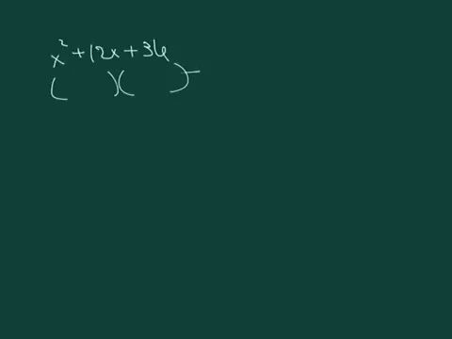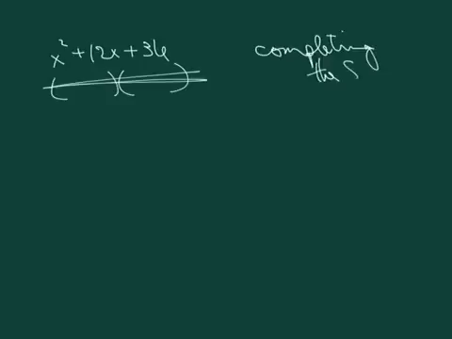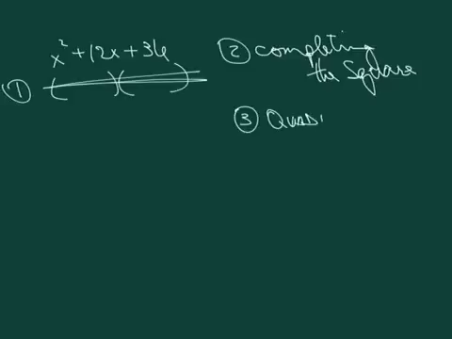But if that doesn't work, then you have completing the square, which I'm going to show you today. So completing the square is your second option. There is a third option that we're going to learn later. So the first is two binomials, the second is completing the square, and the third is using what is called the quadratic formula.